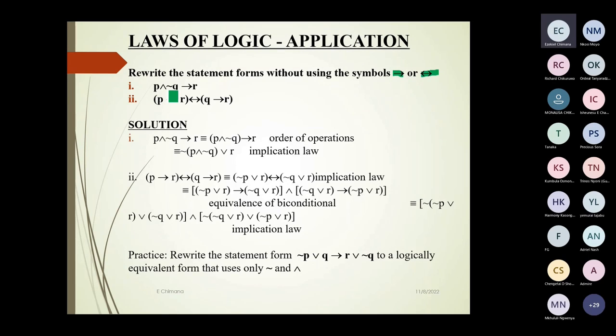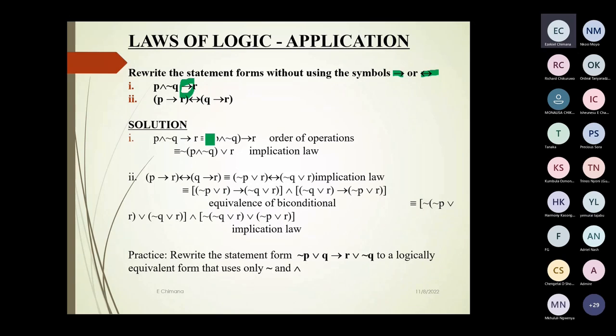So P and negation of Q implies R. You are being asked to rewrite this one without this symbol here. So what are you going to do? This one says P and negation of Q implies R.